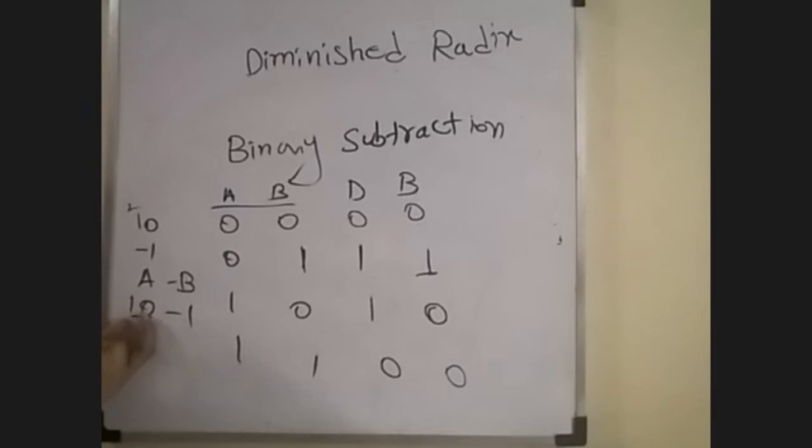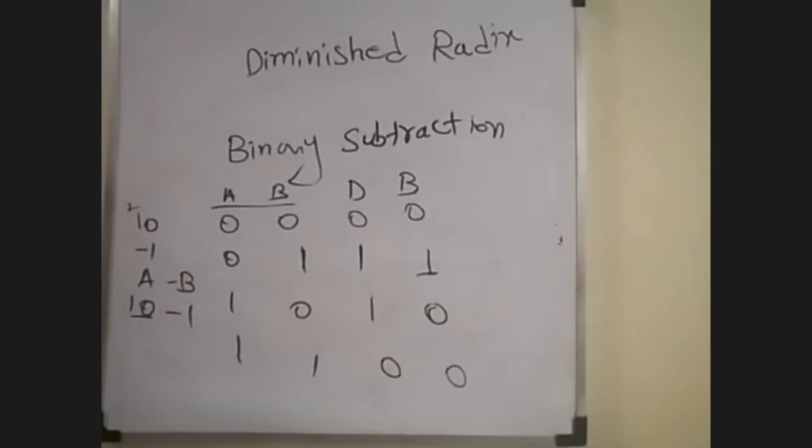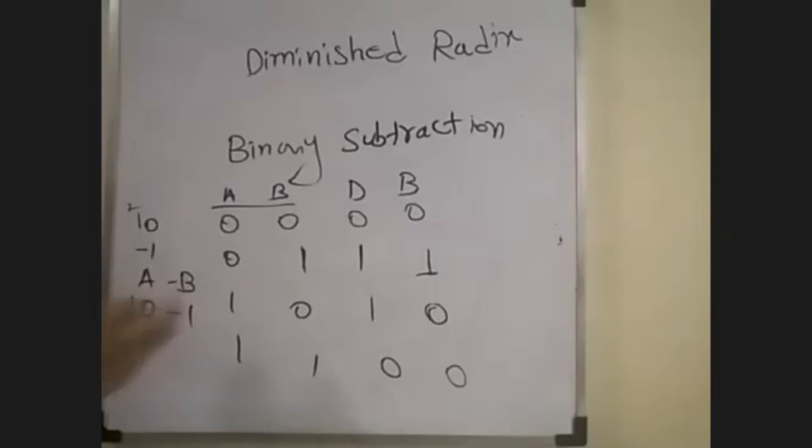Instead of 10, what is the 1 0 value? 2. So 2 minus 1 is 1. So difference is 1 and borrow is 1.